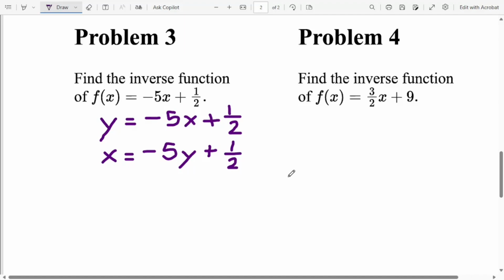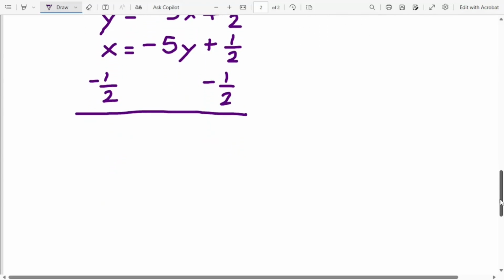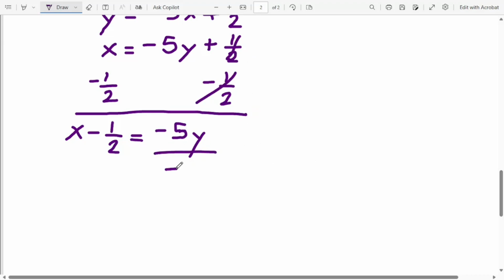I'll solve for y, so I'm going to start by subtracting 1/2 from both sides. And I'm going to get x minus 1/2 equals negative 5y. These will cancel. Okay, now I want to divide by negative 5.